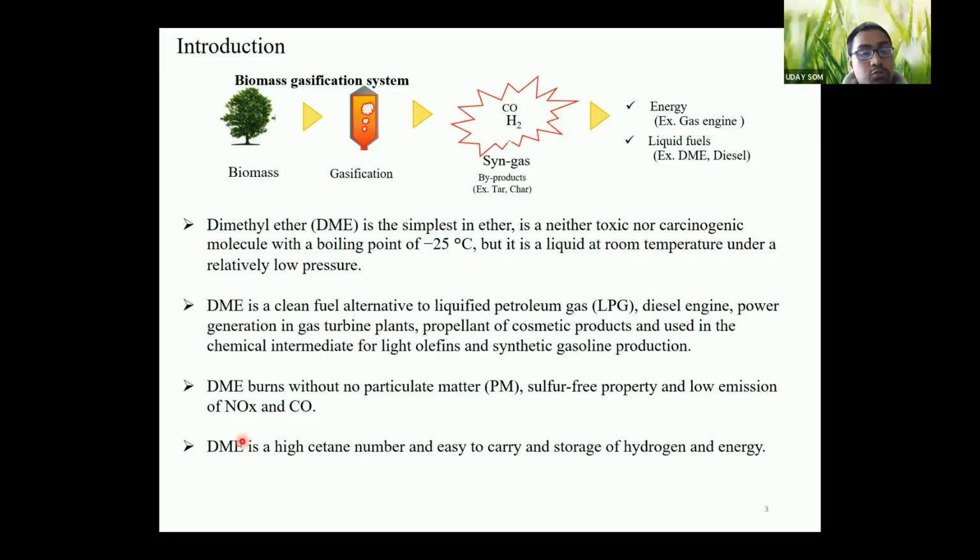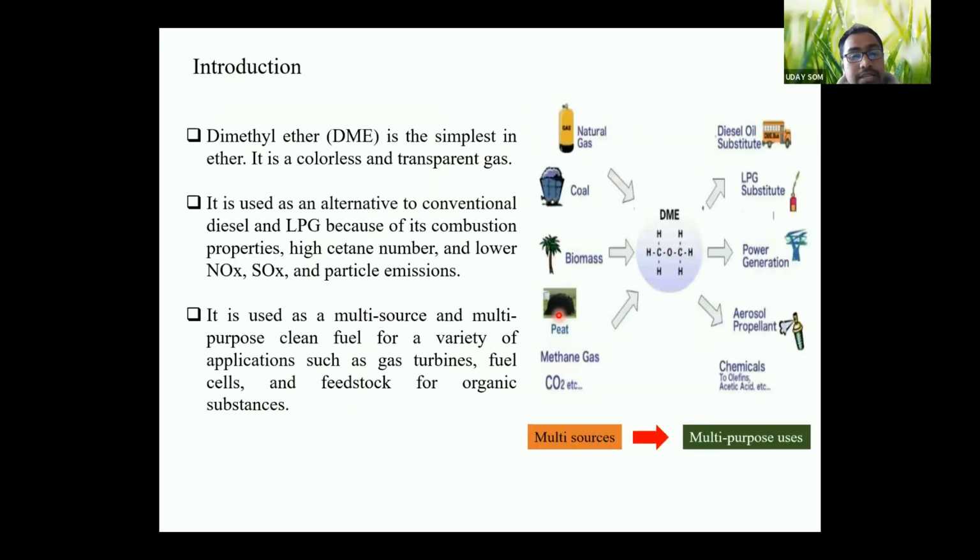DME burns without particulate matter. It is also sulfur-free, with low emissions of NOx, carbon monoxide, and SOx. DME has a high cetane number and is easy to carry and store as a carrier of hydrogen and energy. On the next slide, DME is the simplest ether and is a colorless and transparent gas.